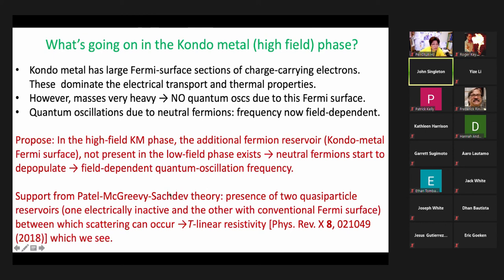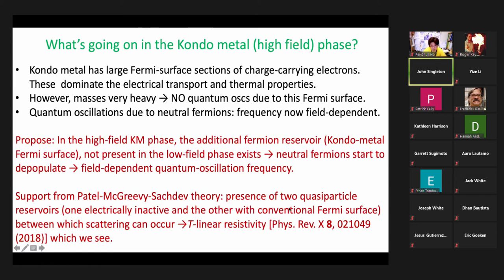So why are we still confident that there might be neutral fermions around? Well, there's a recent theory which describes the linear temperature dependence of bad metals. And this can only come from the presence of two quasiparticle or two fermion reservoirs, one of which is electrically inactive and the other of which has a conventional Fermi surface.